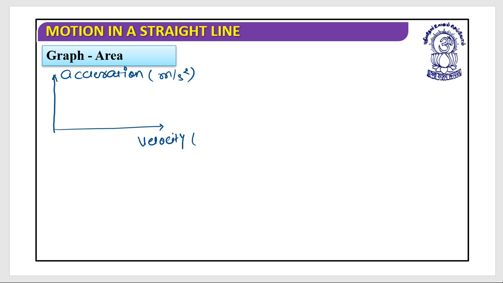This is the time, and this would be in seconds. And I have been given something like this: again a triangle is given. This is time t, and this peak is a.